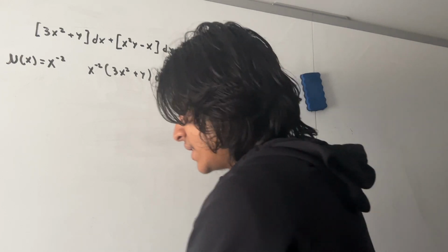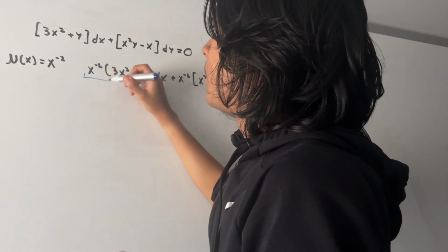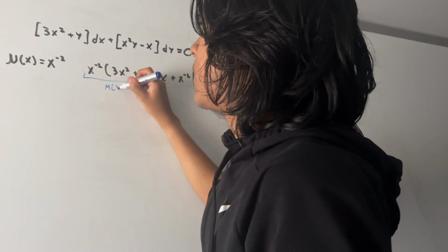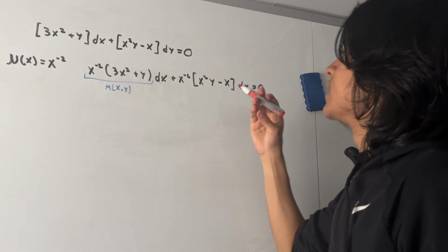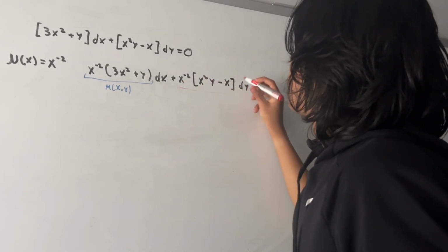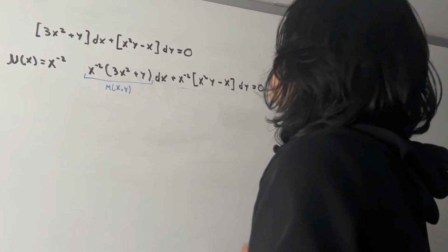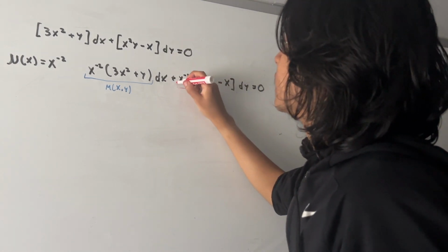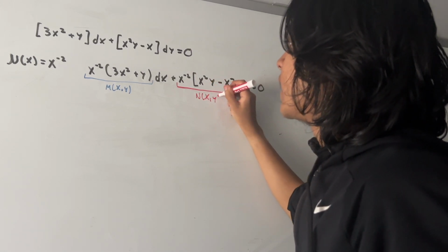And now as you can see, this first part right here is going to be our new M of x, y. And here, this is going to be our new function of N of x, y.